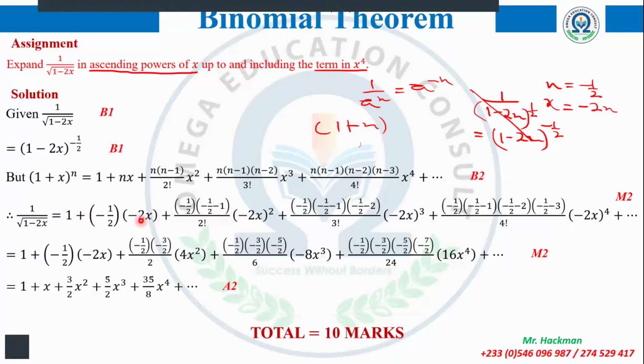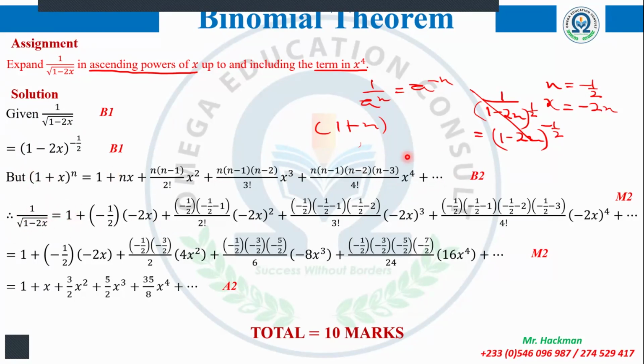Immediately you write equal to here without writing this one here, it will still be M0, A0, because you are trying to say that what you have above here is what must be equal to this. Meanwhile, it is this that must be equal to this. So the information that you want to put across is not exactly what you have here. So immediately you write equal to and something interferes, please take note, whatever you are saying is equal to this, that step you are supposed to write it again before you write your equal to.